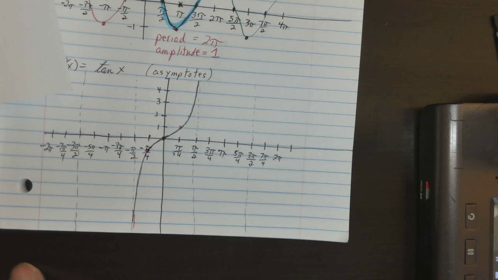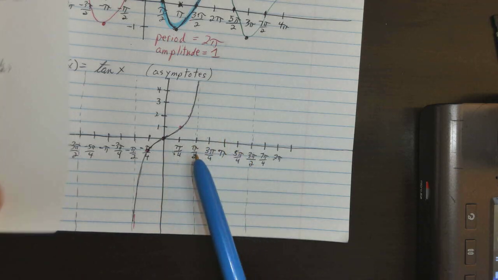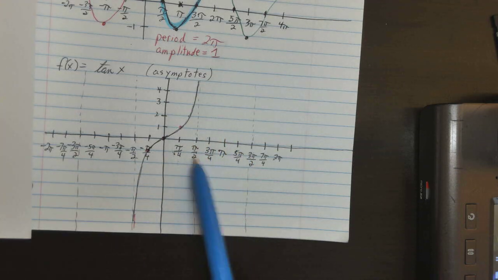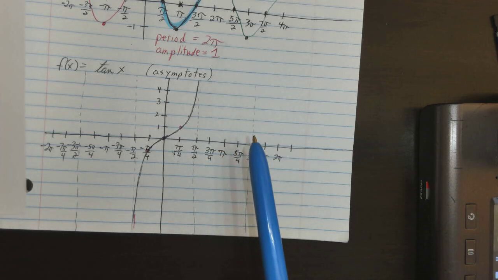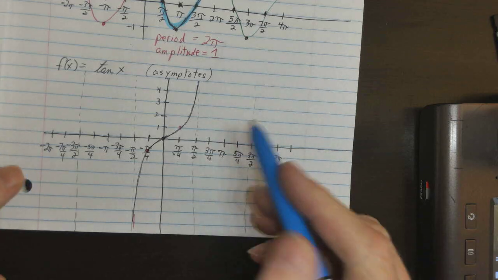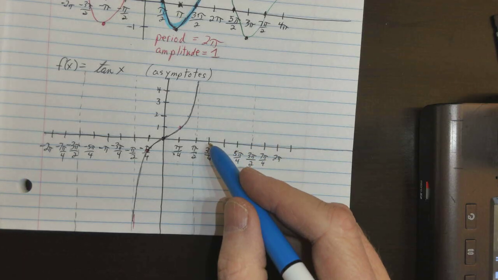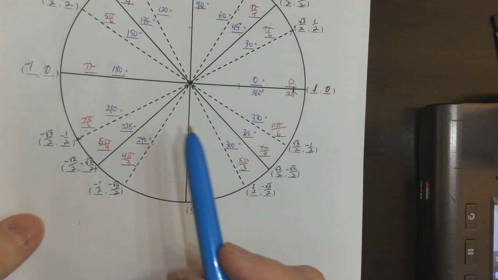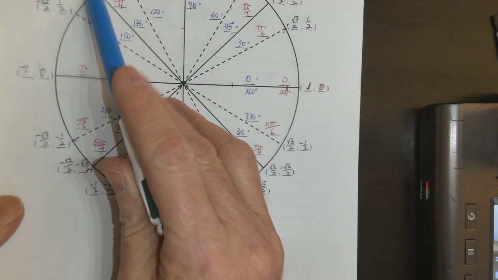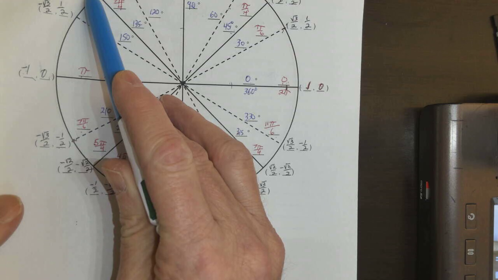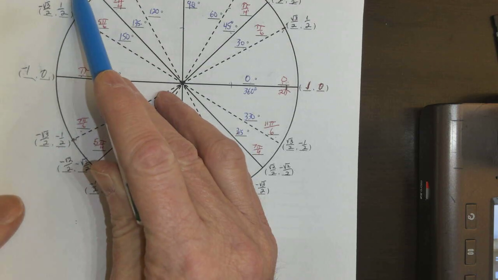Now, next I'm going to come over here, and at 3 pi over 4, which is right here, it's positive square root of 2 over 2 over negative square root of 2 over 2.